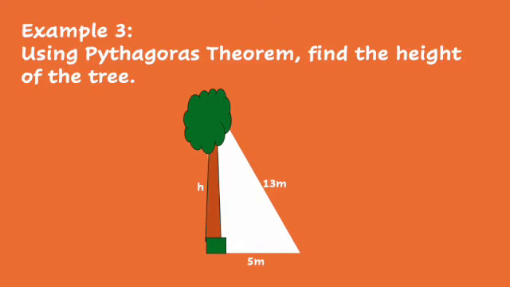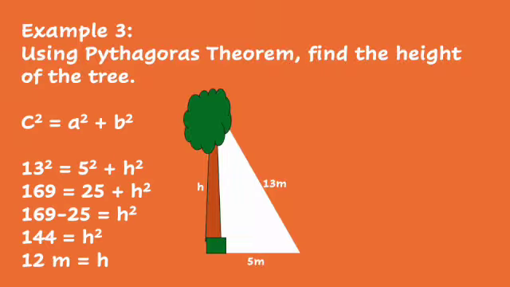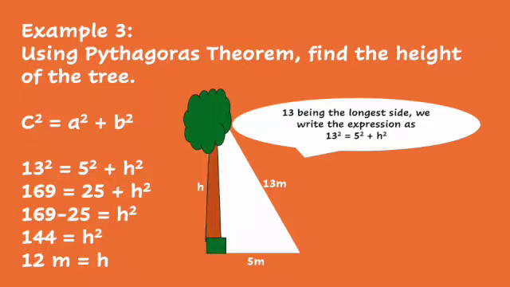In the next example, we need to find the height of the tree. Figure is shown here. You can see we need to find h in the diagram and 13 is the hypotenuse and 5 meter is the base. So have a look here. We apply Pythagoras theorem. C square equal to a square plus b square. 13 being the longest side, we write the expression as 13 square equal to 5 square plus h square.